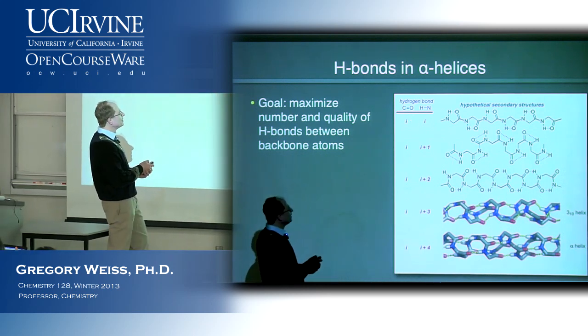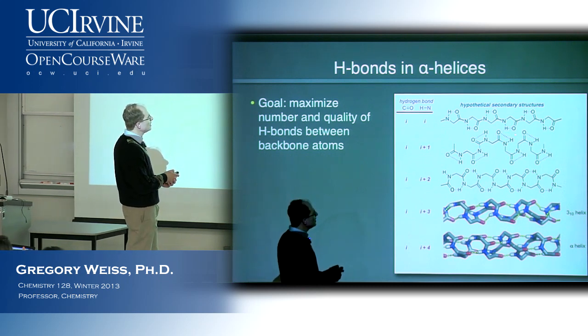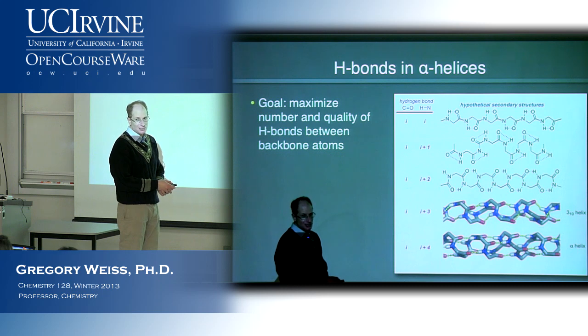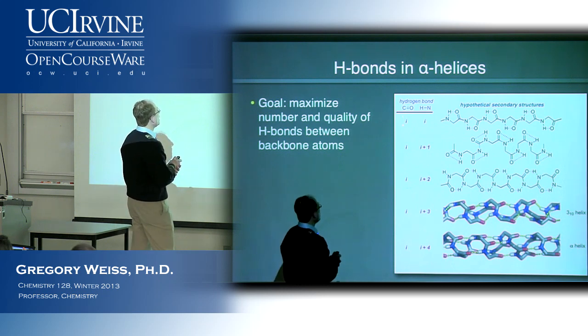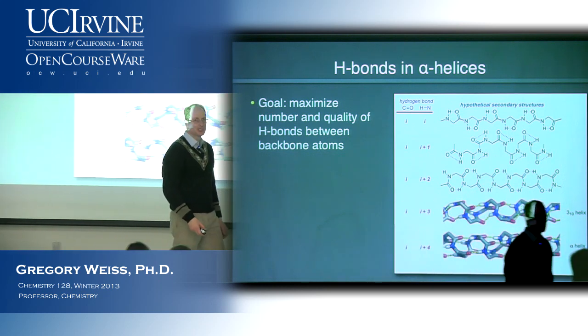Over here, if the NH of an amino acid is forming a hydrogen bond with its own carbonyl, that would give us this weird structure over here. In pink, these dashed lines indicate the hydrogen bonding. We don't see this. This would be I to I interactions. We don't see this at all in protein structures.